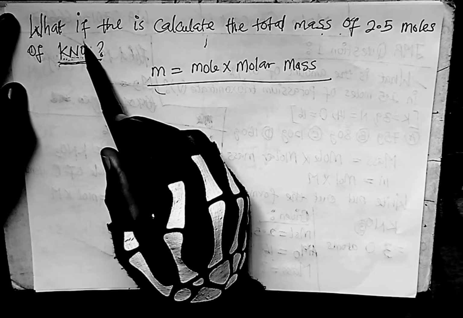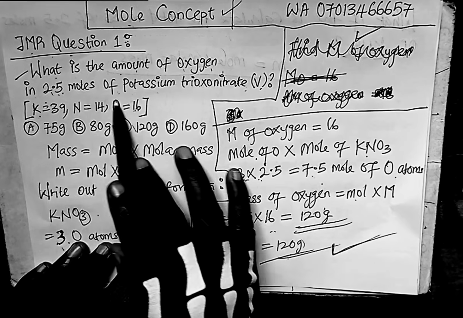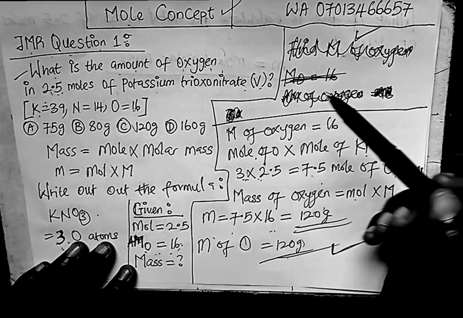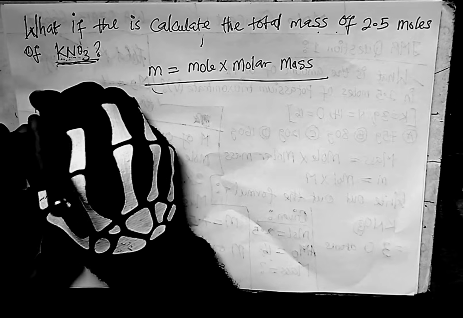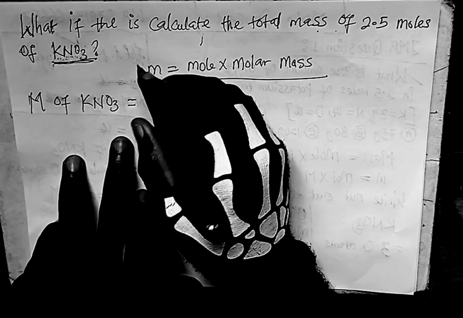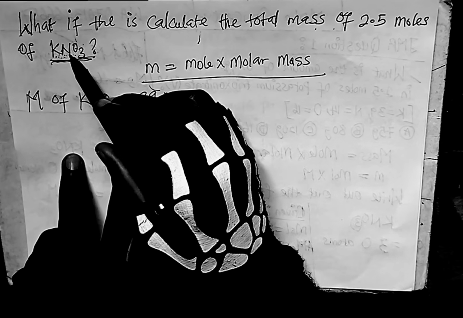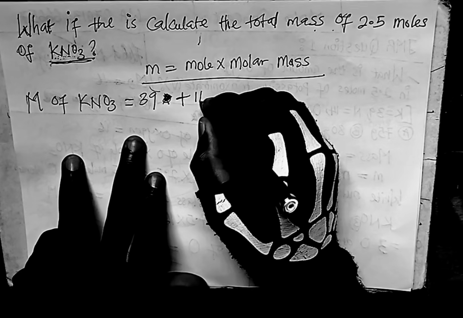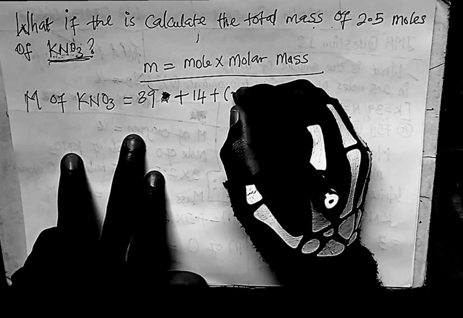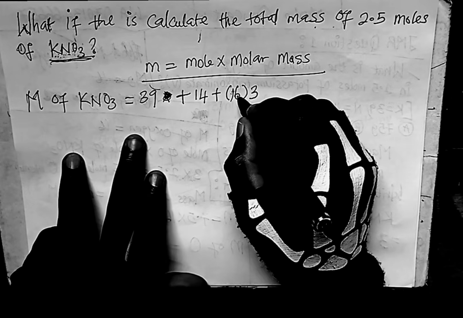This one that has 3 here means you are going to multiply 3 by the molar mass of oxygen. Potassium, molar mass 39. Nitrogen, molar mass 14. Oxygen, molar mass 16. Molar mass of KNO3 is equal to 39 plus 14 plus, since oxygen has 3 here, we put brackets: 16 times 3, which gives us 48.